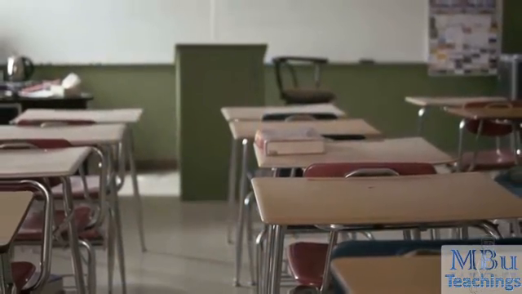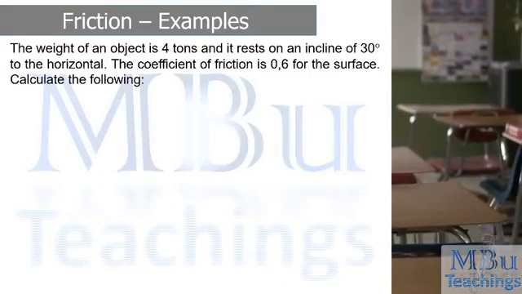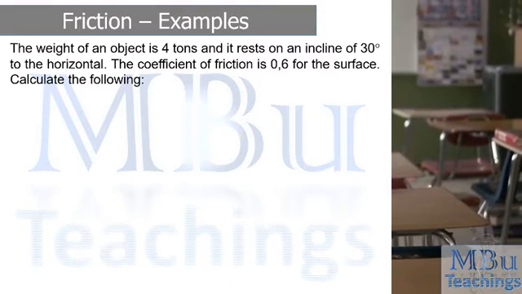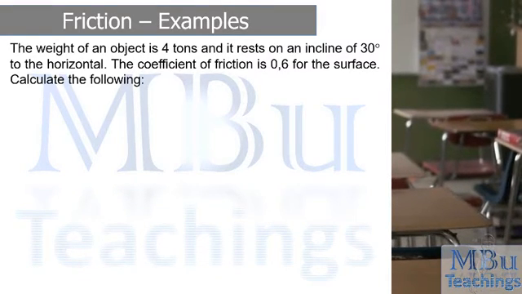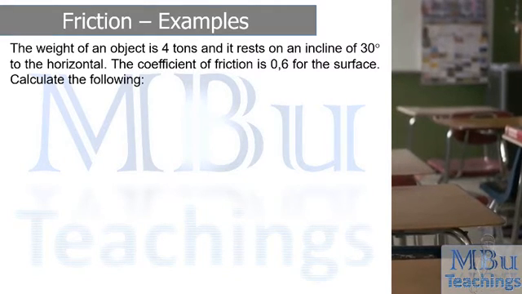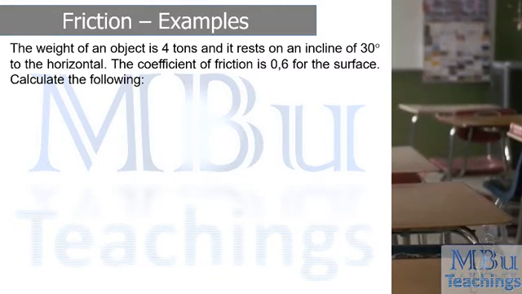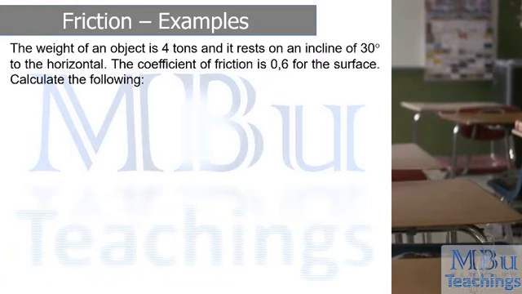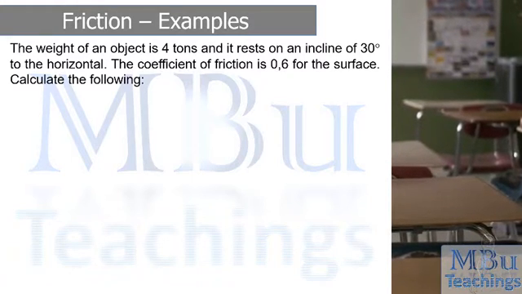Let's read the question. The weight of an object is 4 tons and it rests on an incline of 30 degrees to the horizontal. The coefficient of friction is 0.6 for the surface.